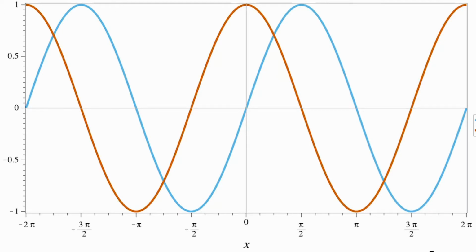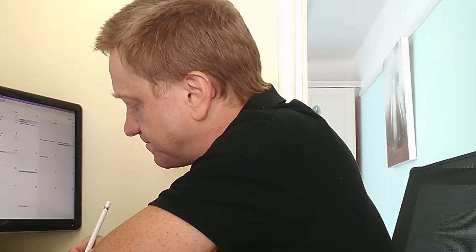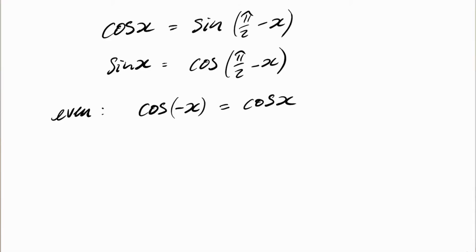This means for cosine, which is an even function, cos of a positive value of x is the same as cos of the negative value of x. And for sine x, sine of a positive value of x is minus sine of the negative of that value. So cos is even, which means that cos of minus x is cos of x, and sine is odd.